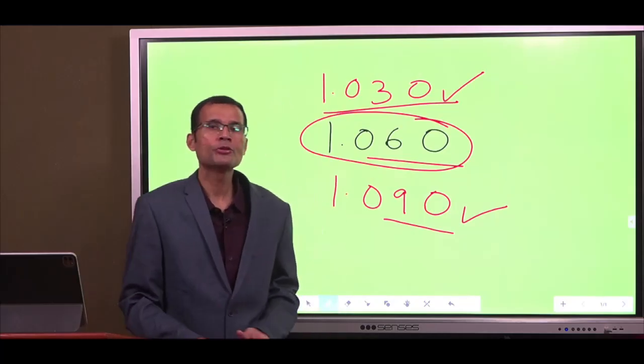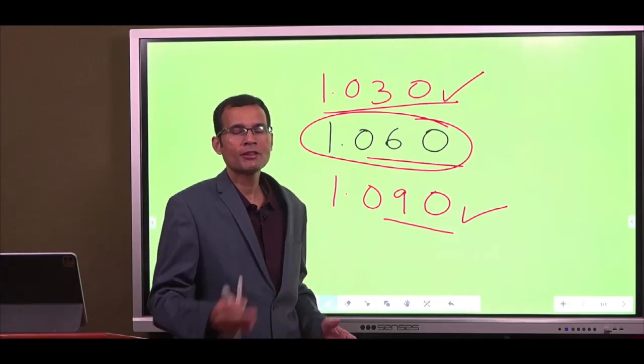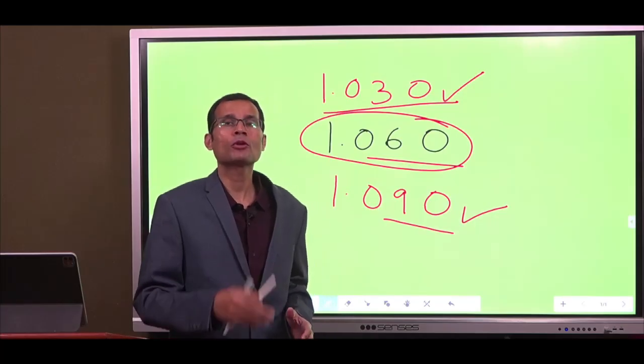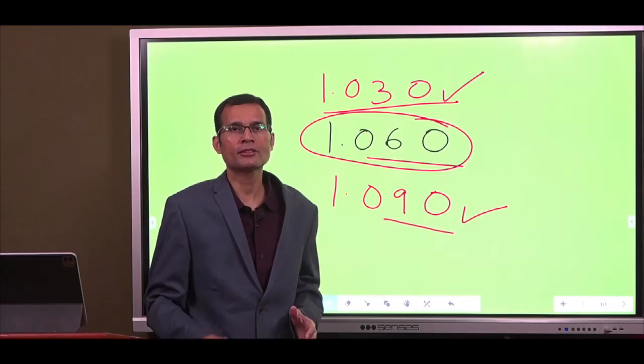So for now, just remember that alteration of specific gravity occurs in conditions of dehydration, whereby there is water loss from the body, water loss from the plasma, water loss from the extracellular fluid.